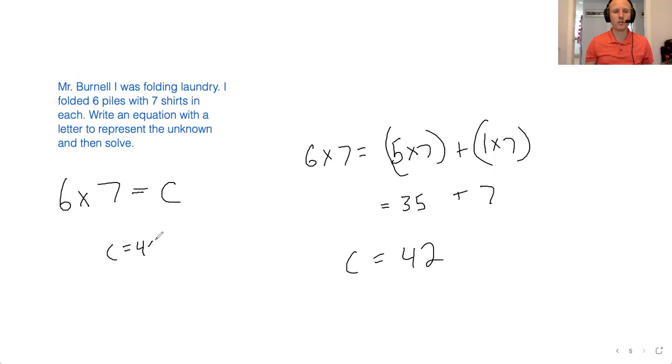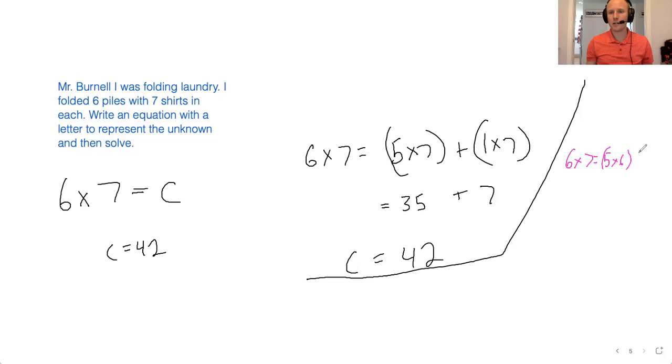C equals 42. I could have done that a different way. I'll do it in a different color for you here. I could have broken the 7 into 5 groups and 2 groups instead. So I could have done 6 times 7 is the same as 5 times 6 plus 2 times 6.